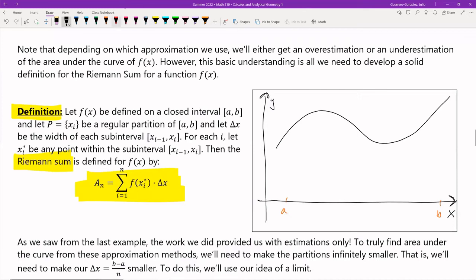I know I can divide this up into partitions, and I'm going to take one in particular. This is going to be my x_{i-1}, and this is going to be my x_i. And we know that there's a box above this. The Riemann sum is defined by this thing right here.